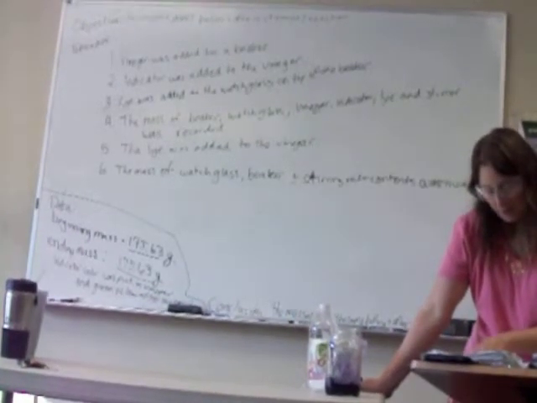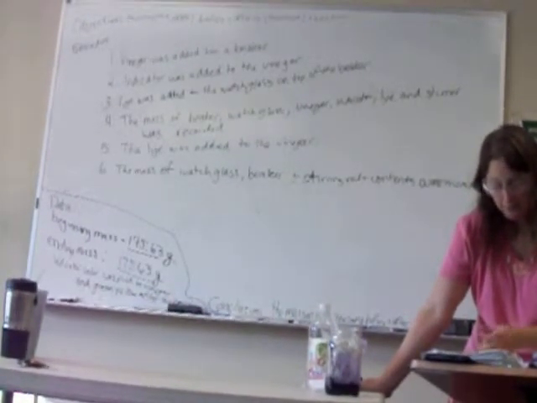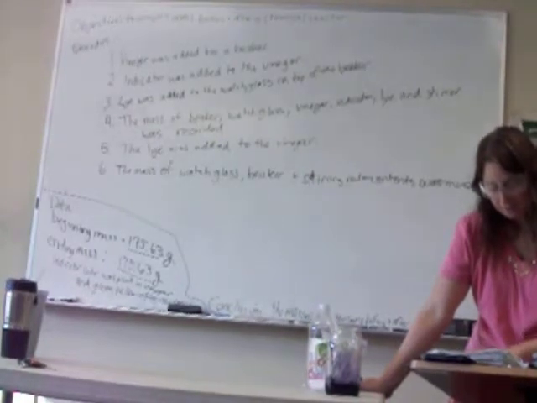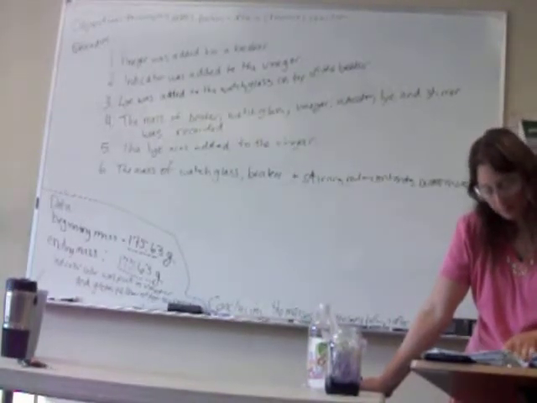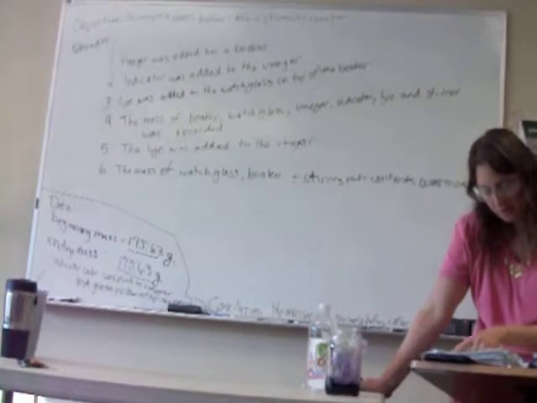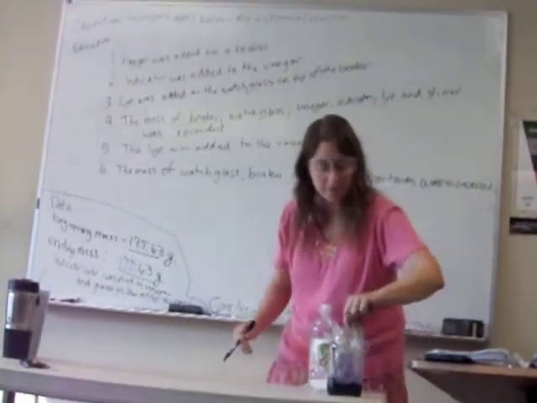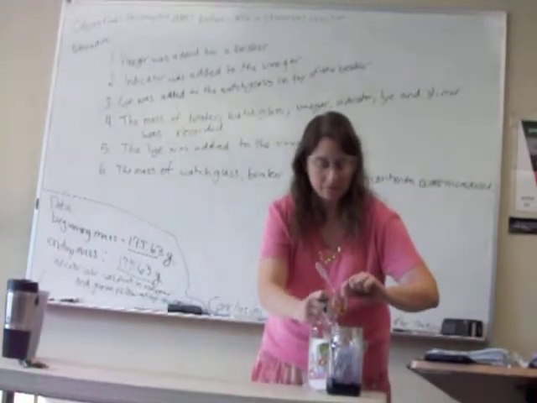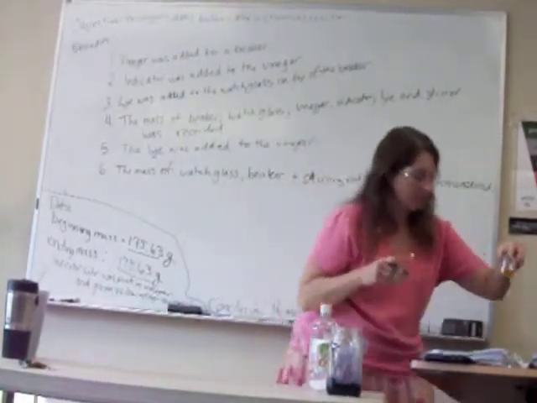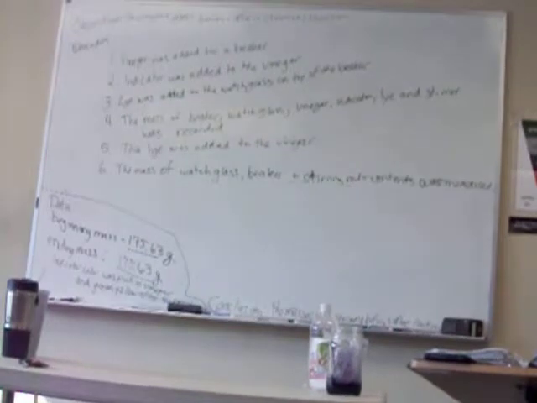What was the purpose of the cabbage juice in the experiment, or the indicator in the experiment? Besides the cabbage juice color change, what other evidence of chemical reactions did you observe? Oh, we didn't observe that. I didn't tell you. Actually, you can still observe it. Touch the outside of the beaker. What do you think?